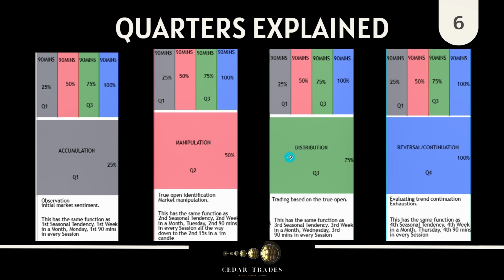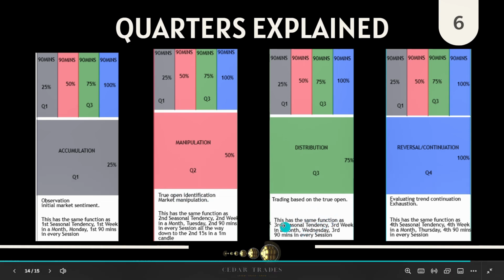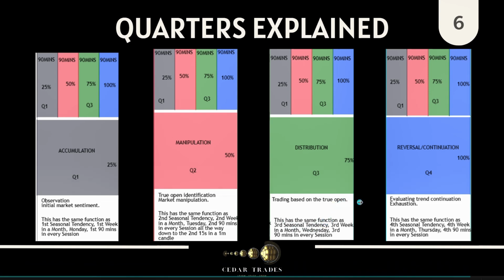Your third session, you'll be looking at trading based on the true open identification. This has the same function as the third seasonal tendency, the third week in a month, Wednesday, your third 90 minutes in every session right here.